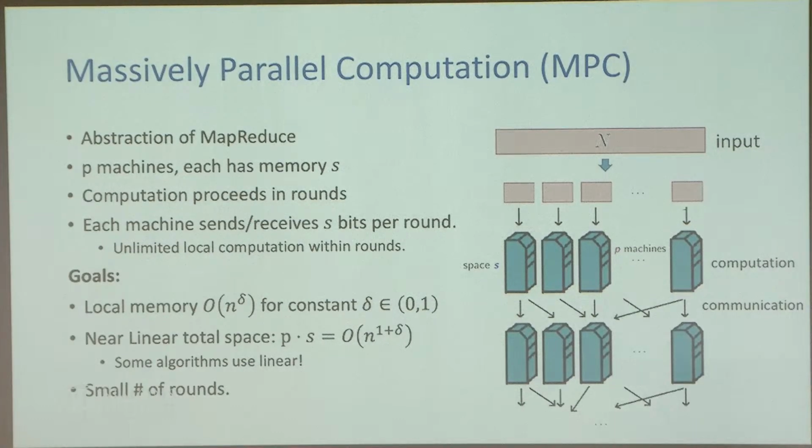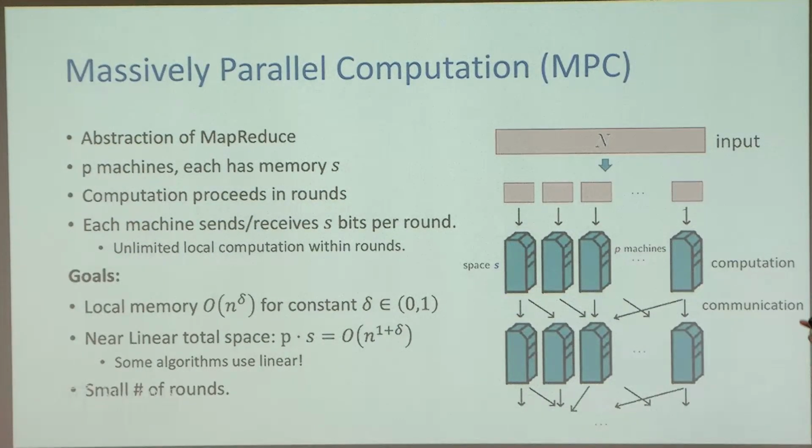The goal of developing an efficient MPC algorithm is, firstly, that we want the local memory usage to be as small as possible, because the local memory is always bounded. In particular, we want the local memory to be n to some small constant delta. We also want the total space used in the entire system to be near linear in the input size.